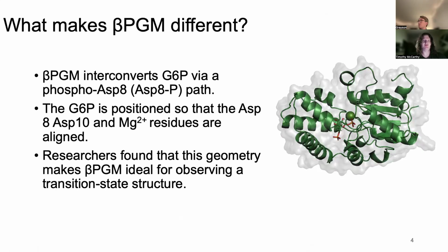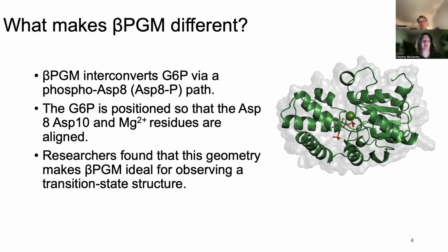What makes beta-PGM different? To facilitate phosphoryl transfer, the substrate, glucose 6-phosphate, moves towards the active site, aspartic acid 8, where it is positioned in the optimal orientation.